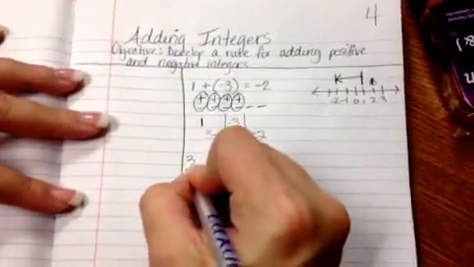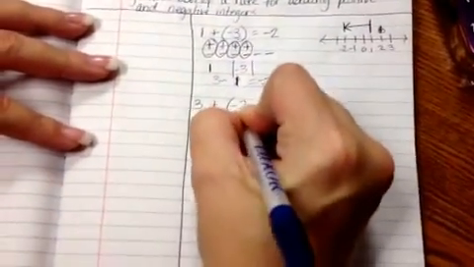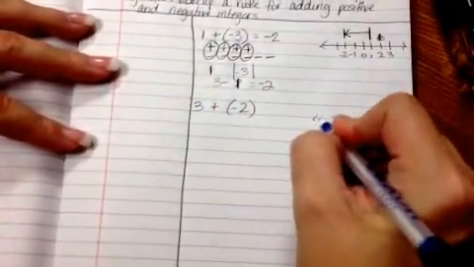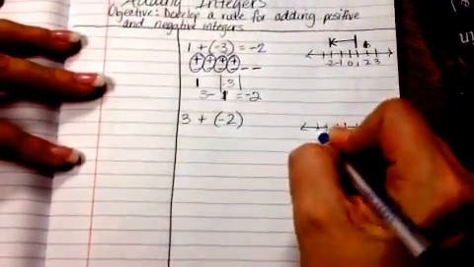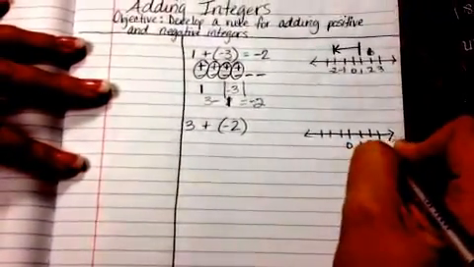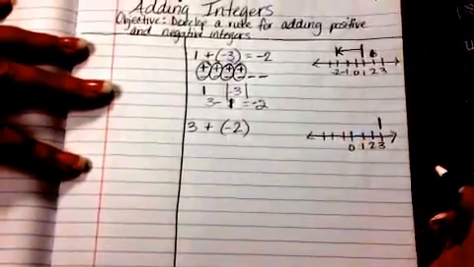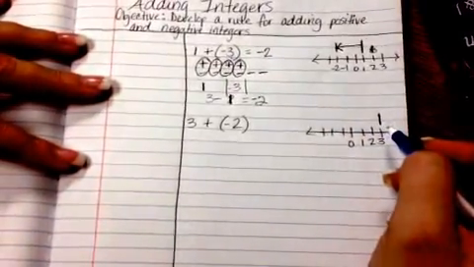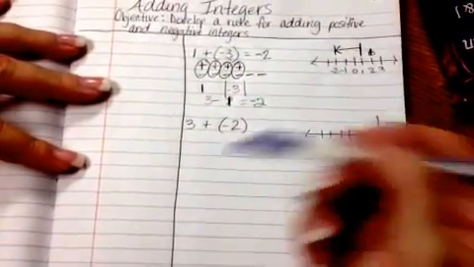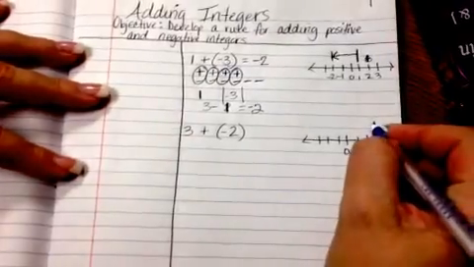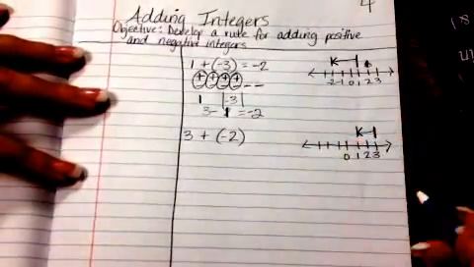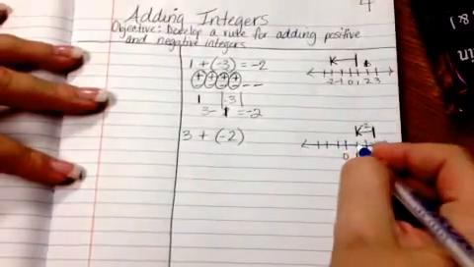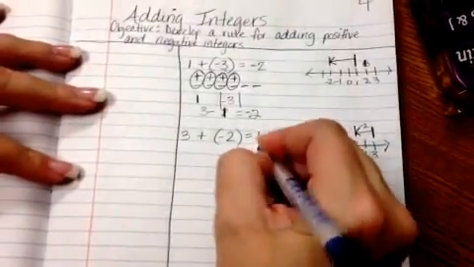Let's try 3 plus negative 2. Again, on the number line, we're going to start at 3 and then add negative 2. Well, negatives move to the left, so we're going to add negative 1, negative 2. This is negative 2. And where did we stop? At a positive 1.